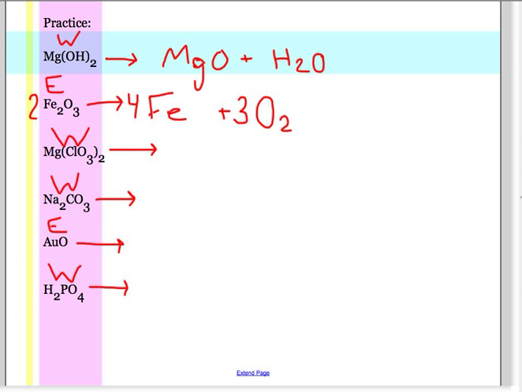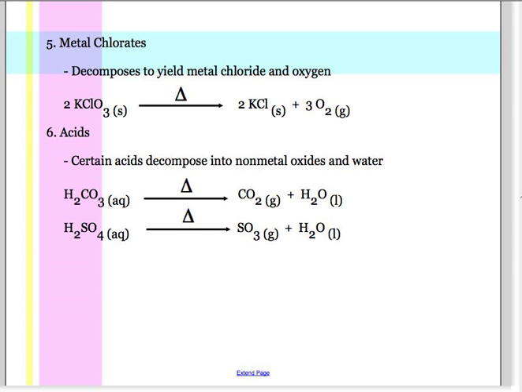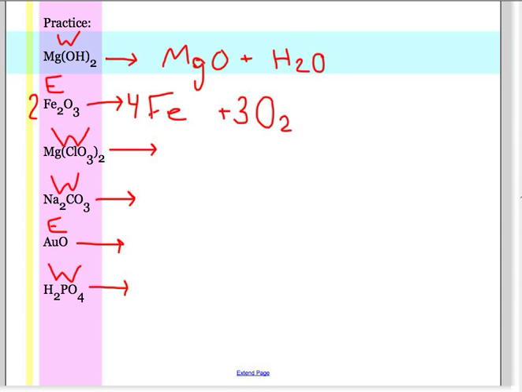Third one is a weirdo. It's a magnesium chlorate. So you go back through and say, okay, something chlorate. Oh, it tells us here we're going to make a metal chloride and oxygen. So the metal is magnesium, chloride is Cl, and good old oxygen.